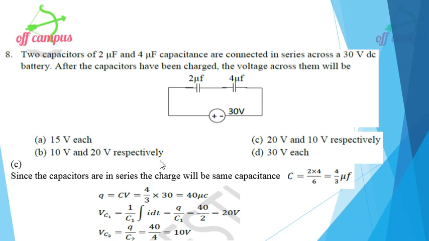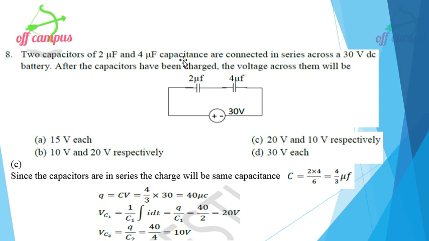Then two capacitors of 2 microfarad and 4 microfarad are connected in series across a 30 volt battery. After the capacitors have been charged, find the voltage across them. Because in series the voltage is divided, right? In parallel only, the same voltage is applied across each of the capacitors.